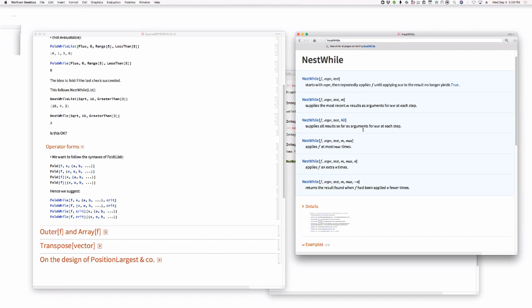Okay. So the issue right now is for FoldWhile. By the way, I don't understand what happens with things like MapWhile. I mean, we could imagine a MapWhile as well, couldn't we?